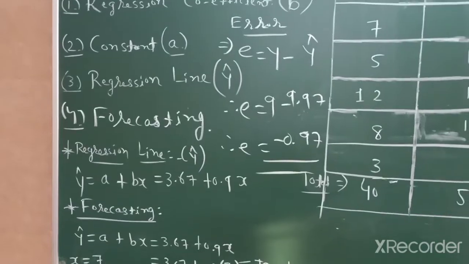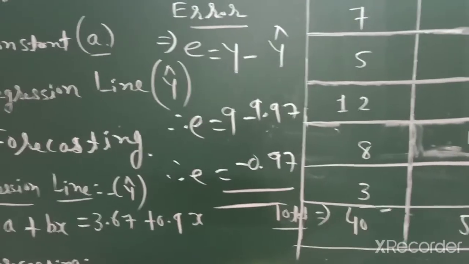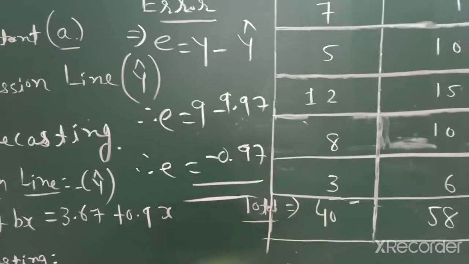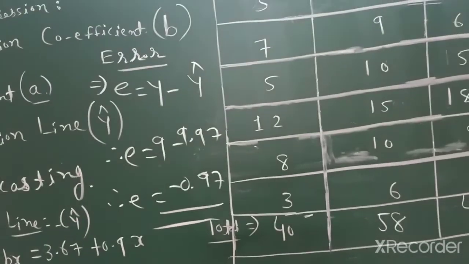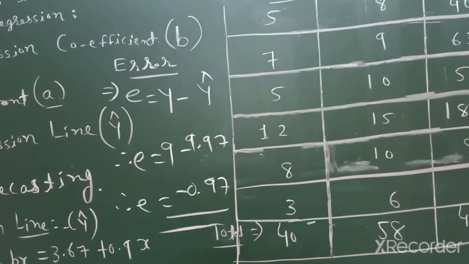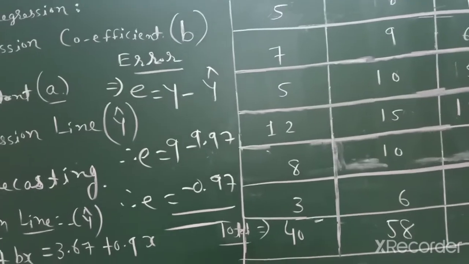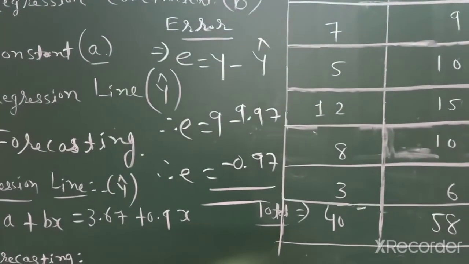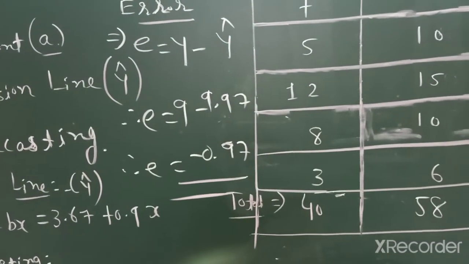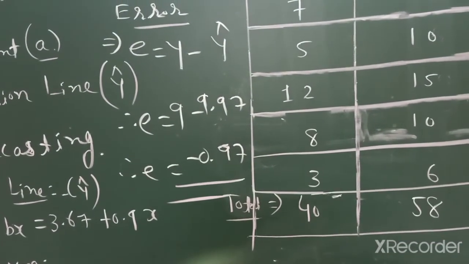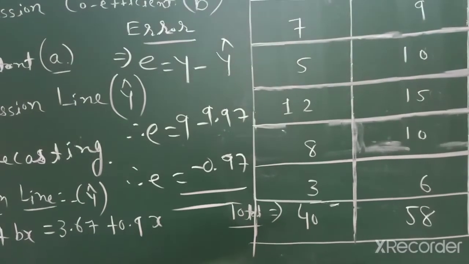And finally, they also ask one new thing, that is error. The formula of error is y minus y cap. It is new for us. Y means the value of y before the value of x. The value of x is 7. So before that the value is 9. 9 minus whatever the value of y cap comes, that is 9.97. 9 minus 9.97. Final answer of error is minus 0.97.